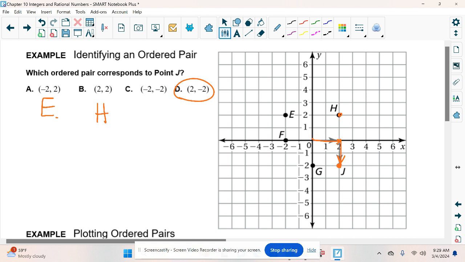If I start at 0 and I go to -2 and then I go down to -2, is there anything there? No, nothing's there. So it doesn't have a point. Don't put anything.